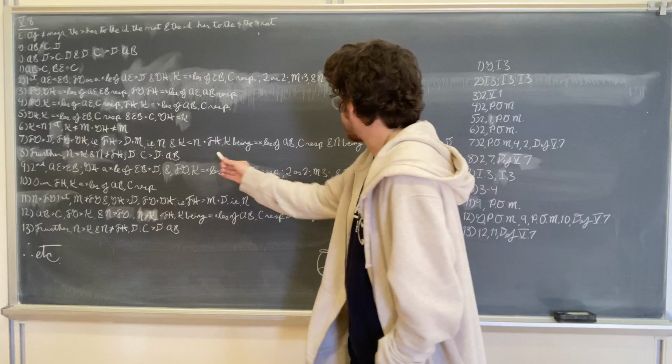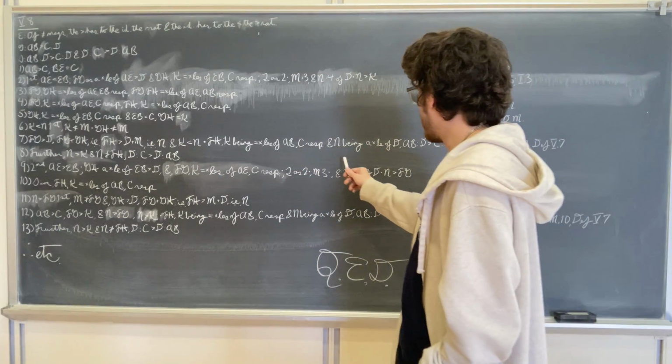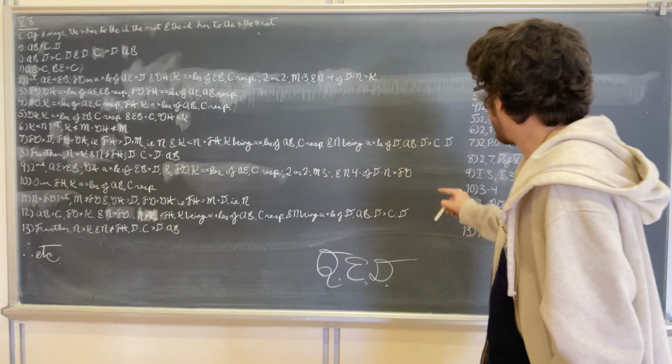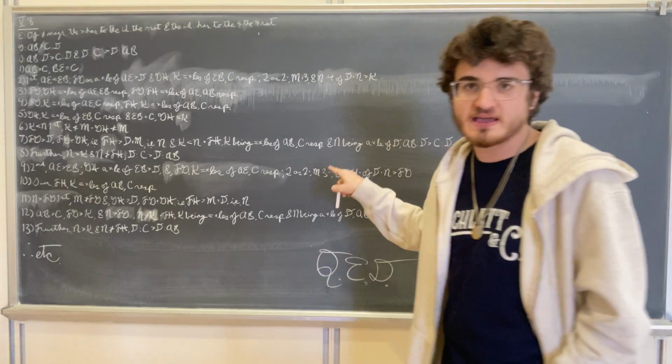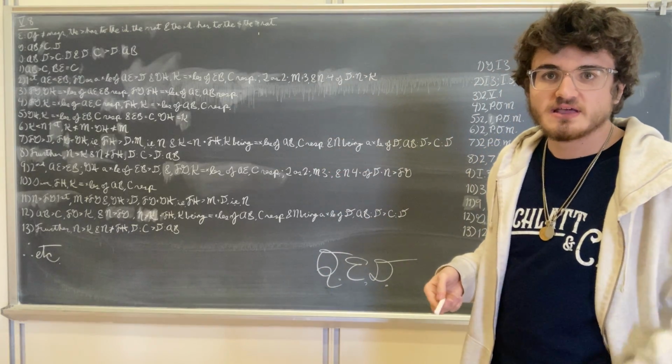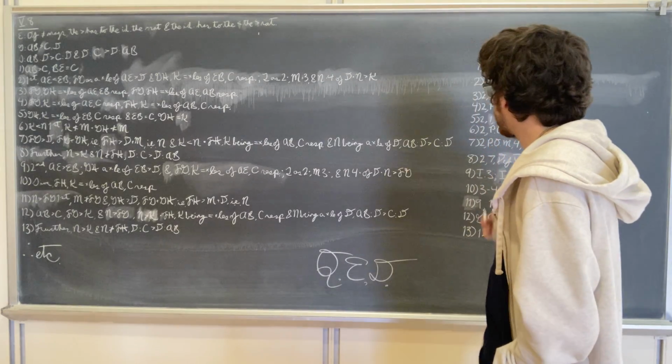Because FH, which is the multiple of AB, is greater than the multiple N, but the equal multiple of C, namely K, is not greater than the same multiple of D. And so by definition 5.7, we can say that AB to D is greater than C to D.